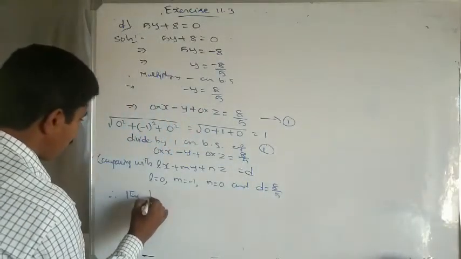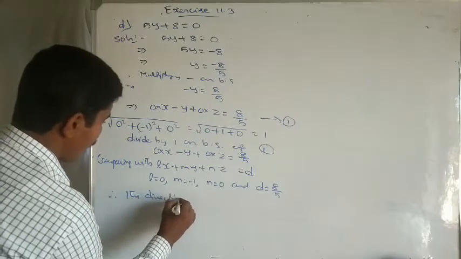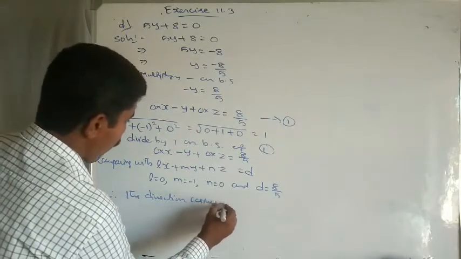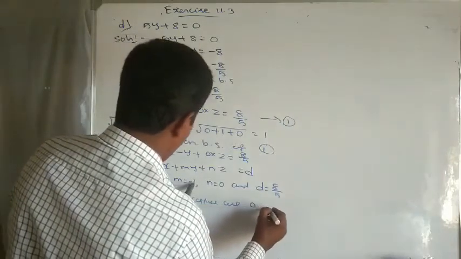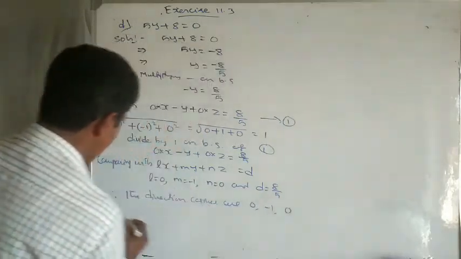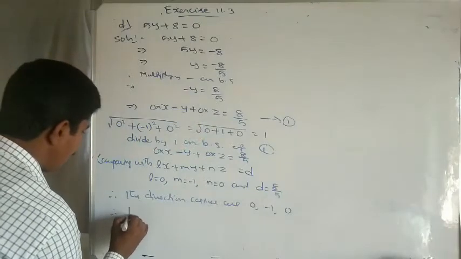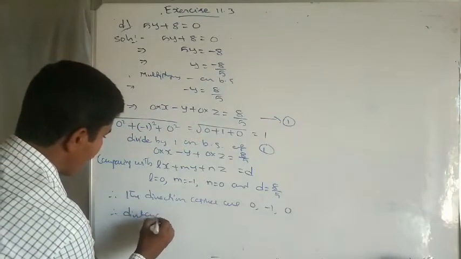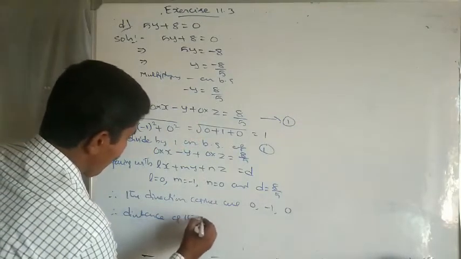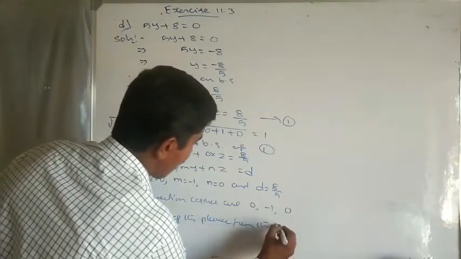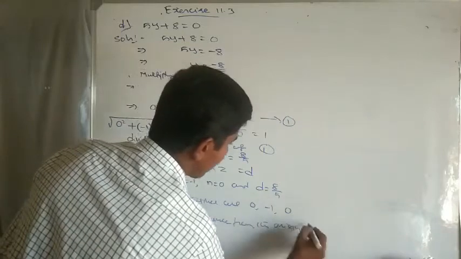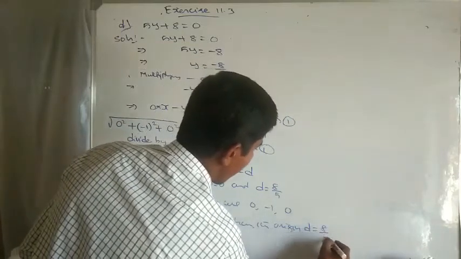Therefore, the direction cosines are l, m, n: l equal to 0, m equal to minus 1, n equal to 0. And the required distance of the plane from the origin, d equal to 8 by 5 units.